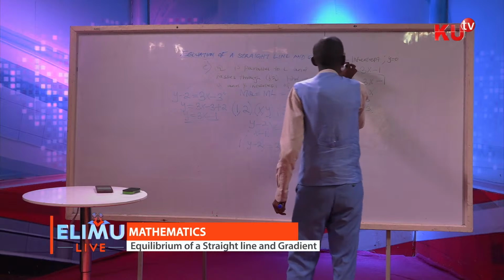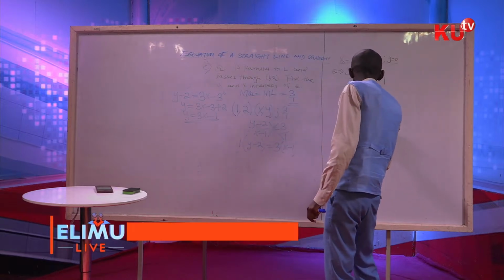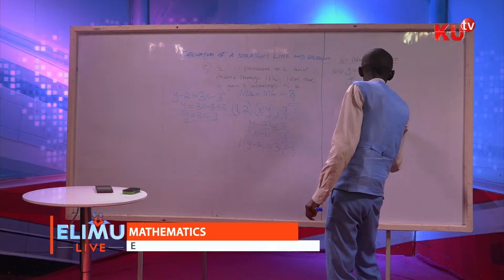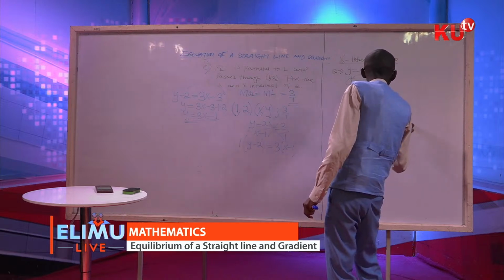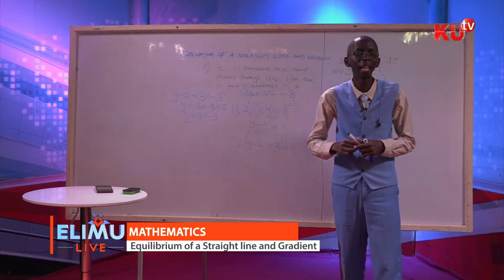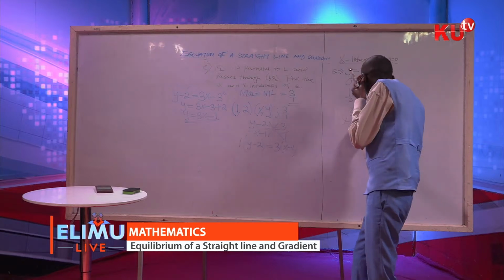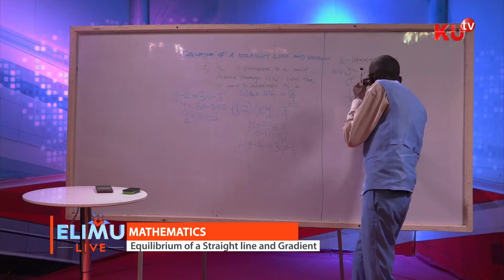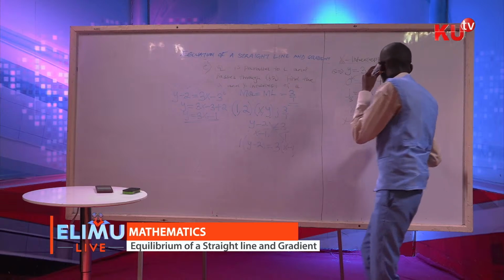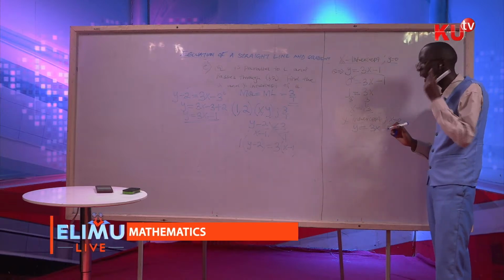What about the y-intercept? To get the y-intercept, the value of x will be equal to 0. Take again your equation. y is equal to 3x minus 1.